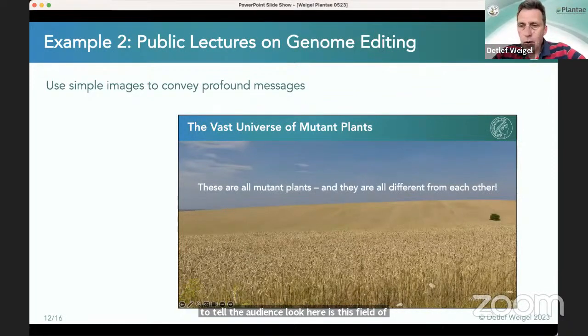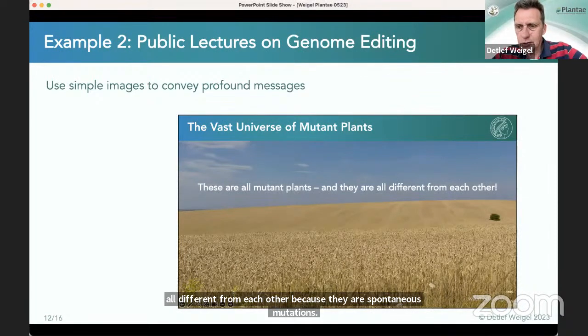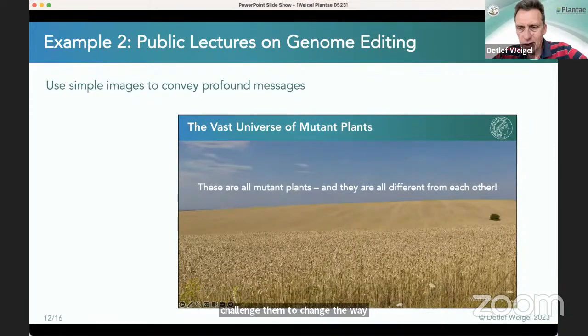And normally when you go out there, you look at this field and you think all these plants are the same. But actually, these are all mutant plants, and they're all different from each other because they are spontaneous mutations. This really gets people thinking, because you challenge them to change the way they look at the world.